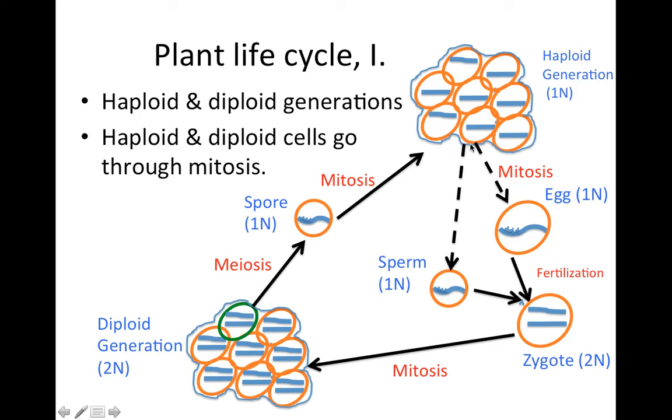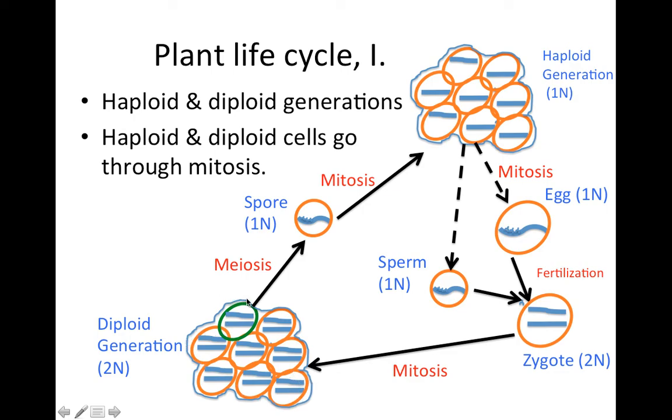So now we have one individual that's made sperm, another individual that's made eggs. The sperm are mobile, and they are able to be transported or to swim to the egg, and the process of fertilization occurs. After fertilization, we have the formation of a zygote, which is diploid again, and the process repeats.